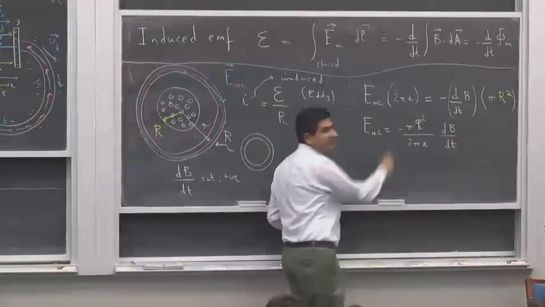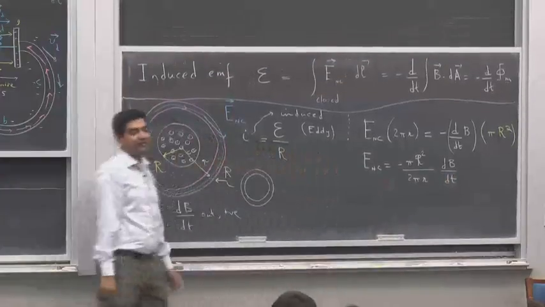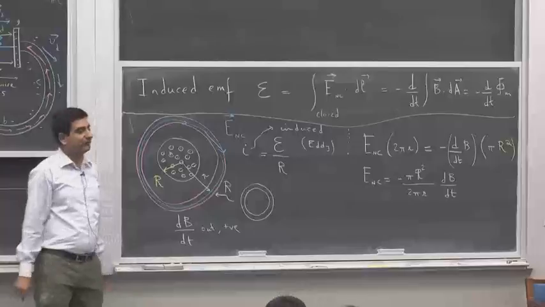This minus sign is an indication of the direction of the non-Coulombic field that is produced.